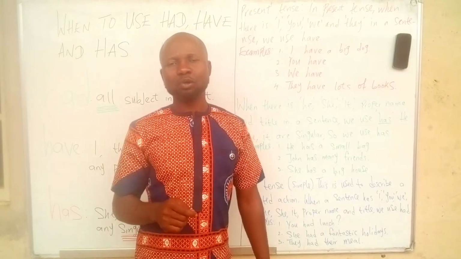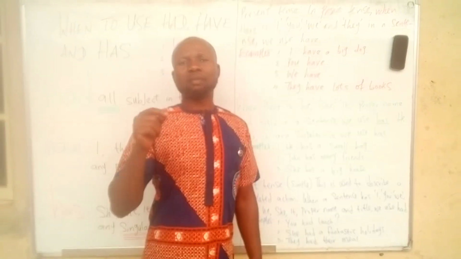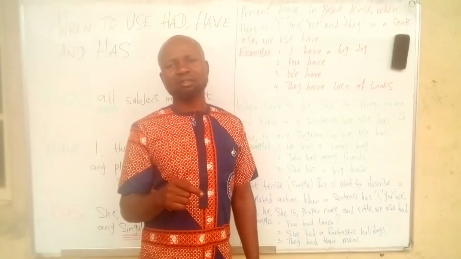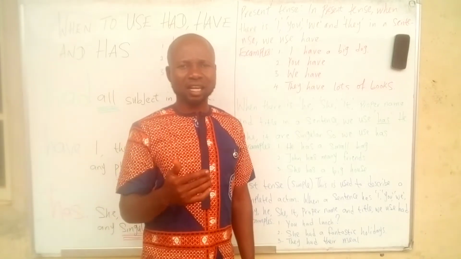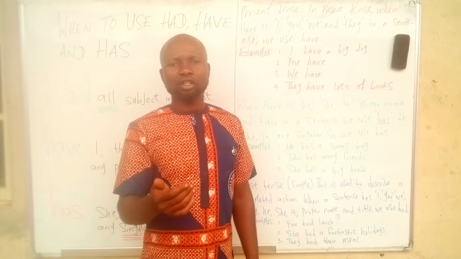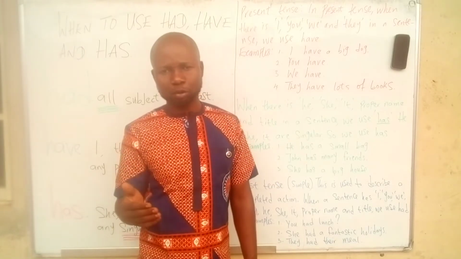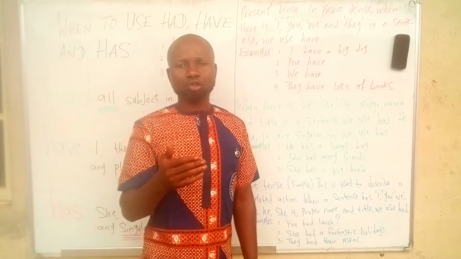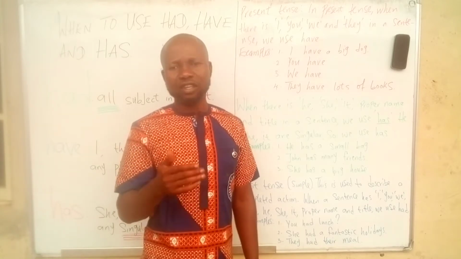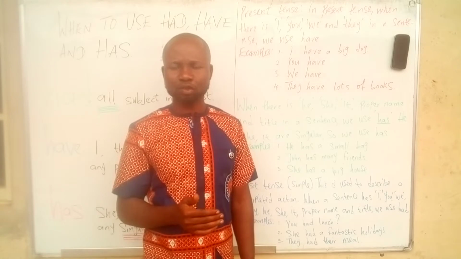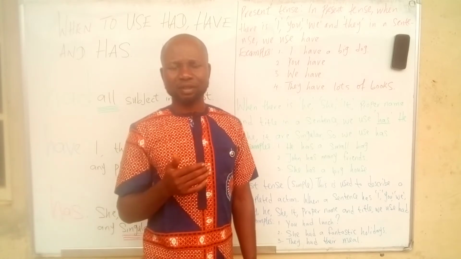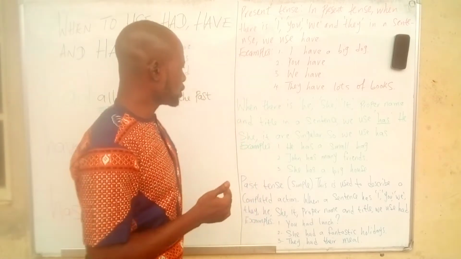Has. Maybe we can say Amaka has a car. John has a house. So it is wrong to say John have a house. It's what? Has. So that is how it works.